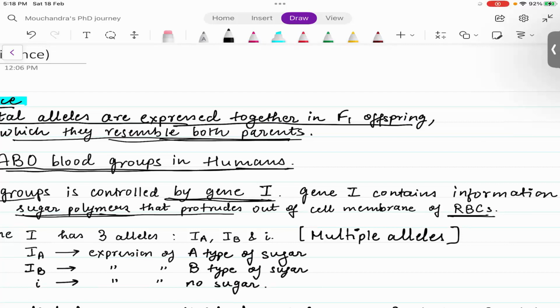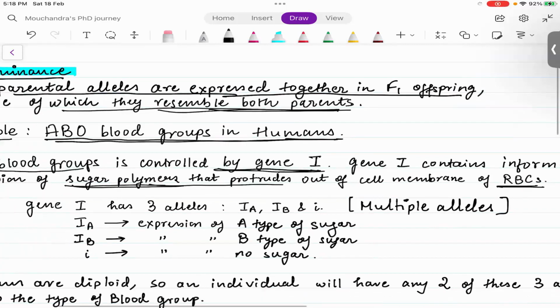Now this gene I has three alleles: IA, IB, and small i. So you can see this is an example of multiple alleles. One gene doesn't necessarily have to have only two alleles. It can have three or four, various kinds of alleles for that particular gene.